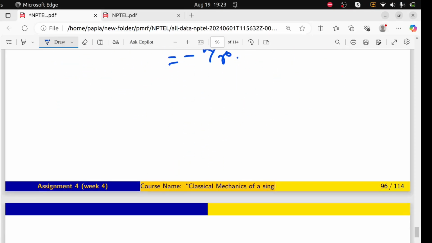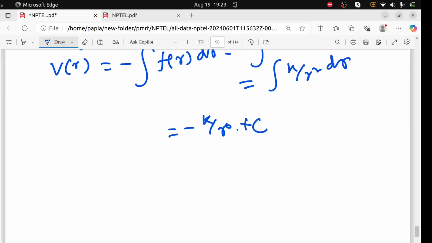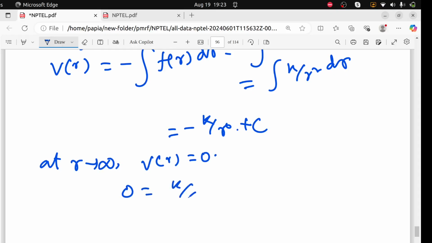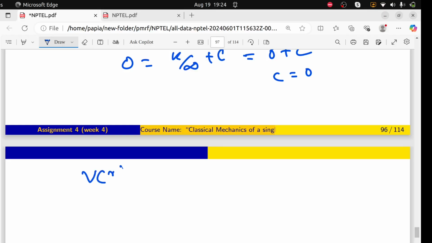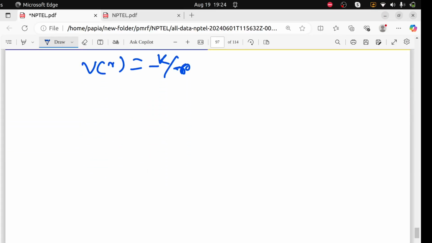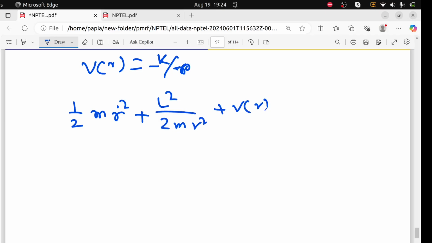Now I can write here plus c as well. But at r tends to infinity, V of r is 0. So 0 is minus k by infinity plus c. So that is 0 plus c. So c is 0. That is fine. So V of r is minus k by r. Now the equation is half m r dot square plus L square by 2m r square plus V of r equals E. And what is V effective?